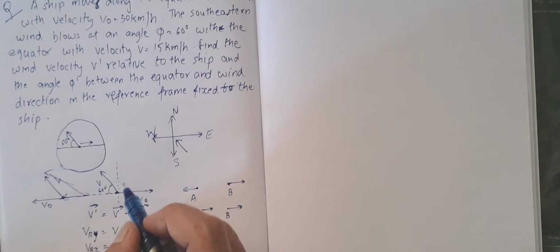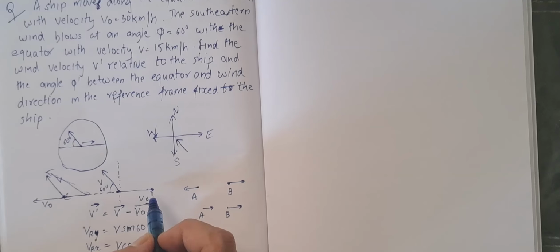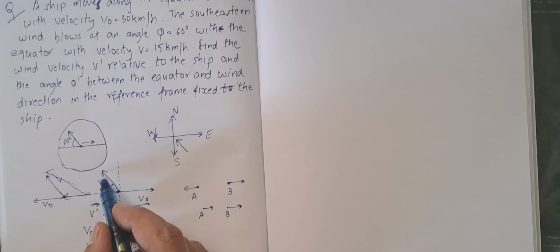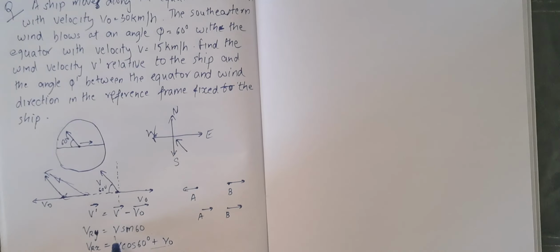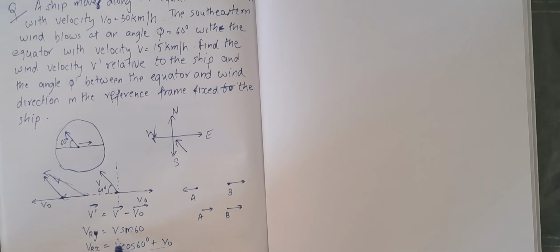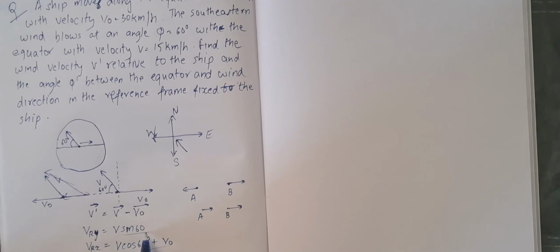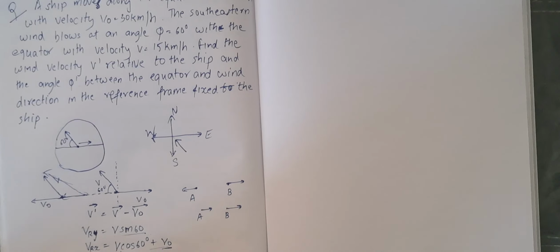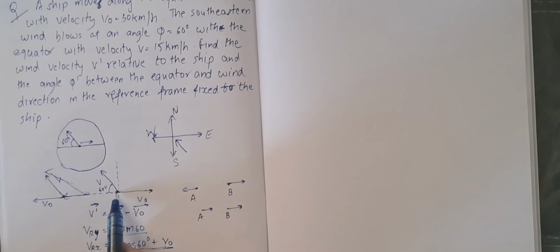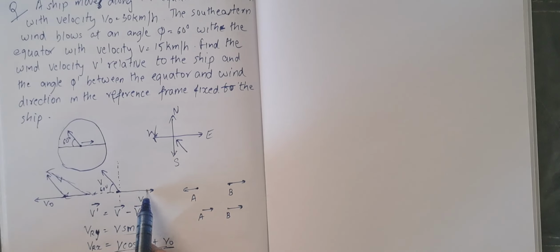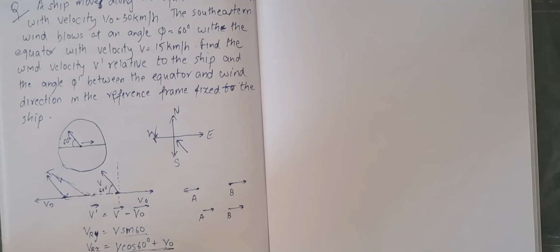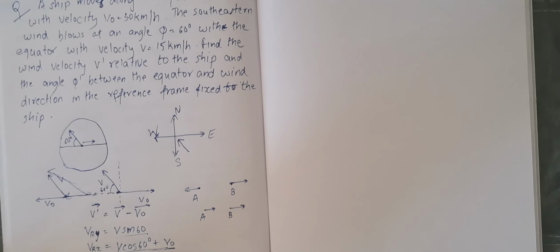V naught does not have any component along the y axis, only V has a component. That component is equal to V sine 60. So the resultant vector, a vector subtraction of V and V naught, will have along the y axis a component of V sine 60. The x component will be equal to V cos 60 plus V naught. You have to add it up, because this velocity is in this direction, this velocity is in this direction. So since the velocities are in opposite directions, you have to add up.